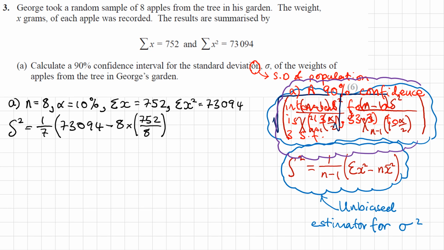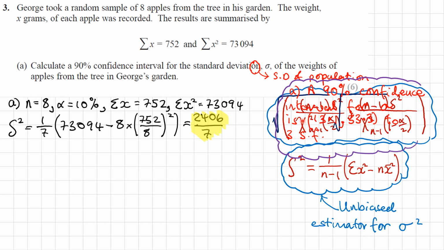So there's the mean, and we square it. So let's see what we get. I do get an exact value for this. So that's 2,406 over 7. I want to keep that exact value because I will need to use that in my formula here. So we don't want to round until the end.